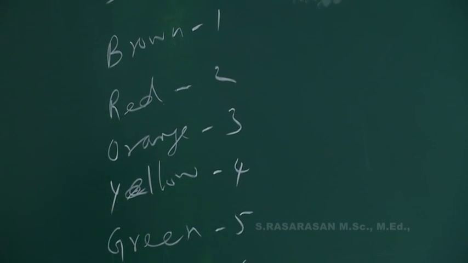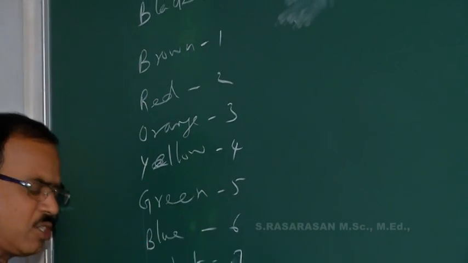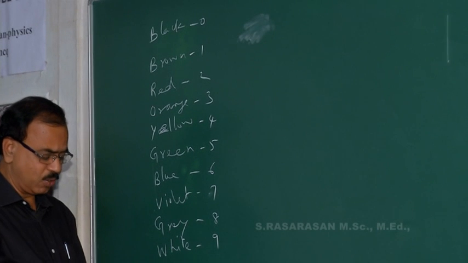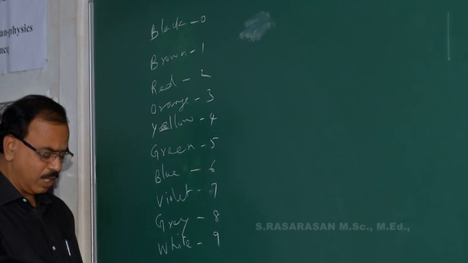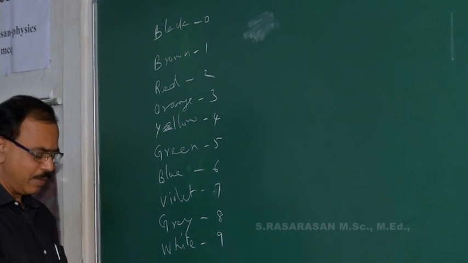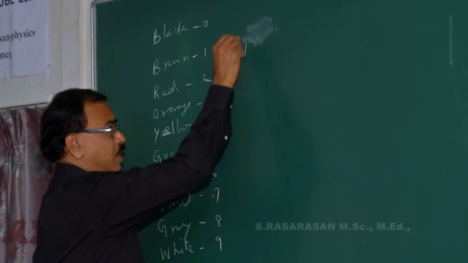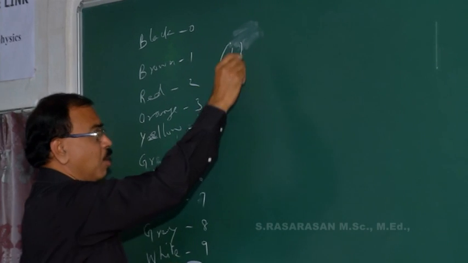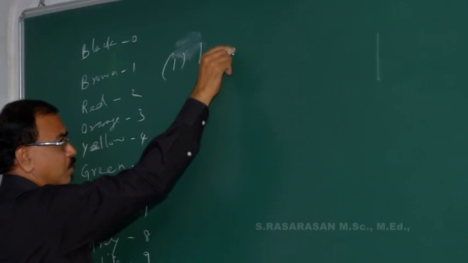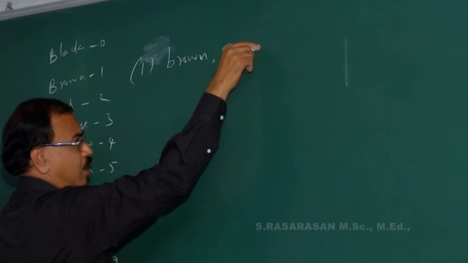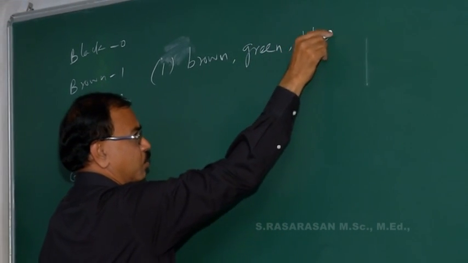Only if this color code is known, and the colors are in this sequence with numbers also in the same running sequence, is it possible to find the resistance of any carbon resistor. Say in the first case, brown is the first color band, second one is green, another one is blue.